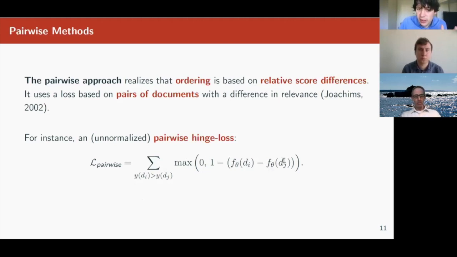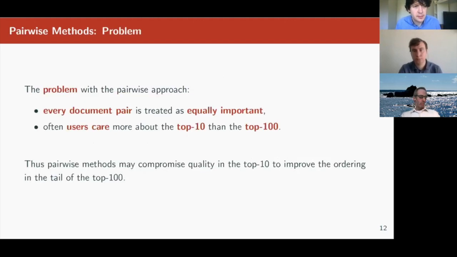And if that difference is greater than 1, then this max operation will turn into a hinge loss where you don't optimize it anymore. But it pushes these documents away from each other if there's a relevance difference. So the scores don't have to match the labels, they just have to be in the right ordering. So the first real learning to rank method.